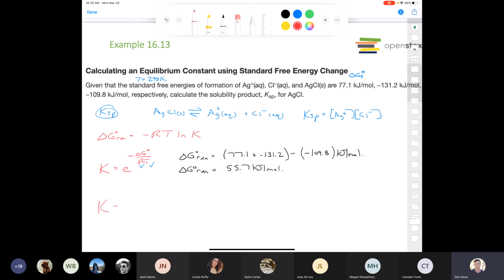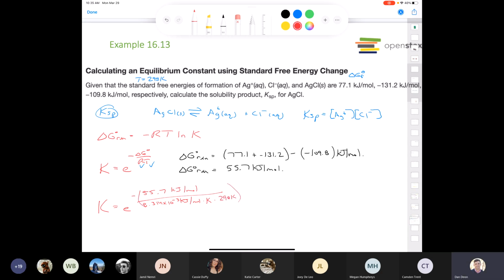So we have K is equal to e to the negative 55.7 kilojoules per mole divided by 8.314 times 10 to the negative 3 kilojoules per mole Kelvin multiplied by 298 Kelvin, because we're at standard temperature.